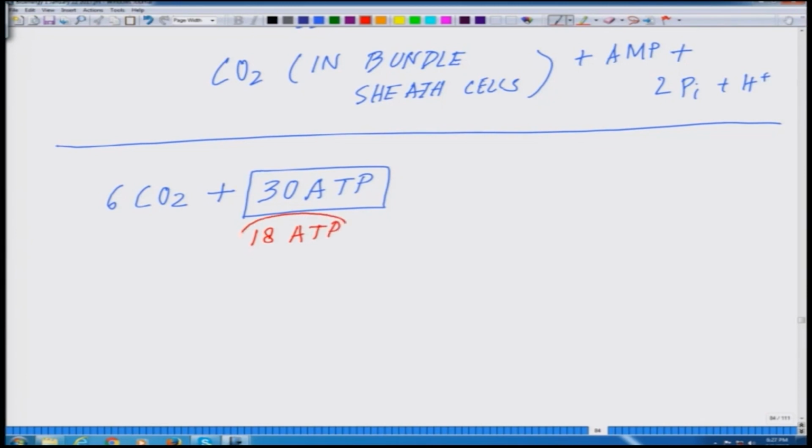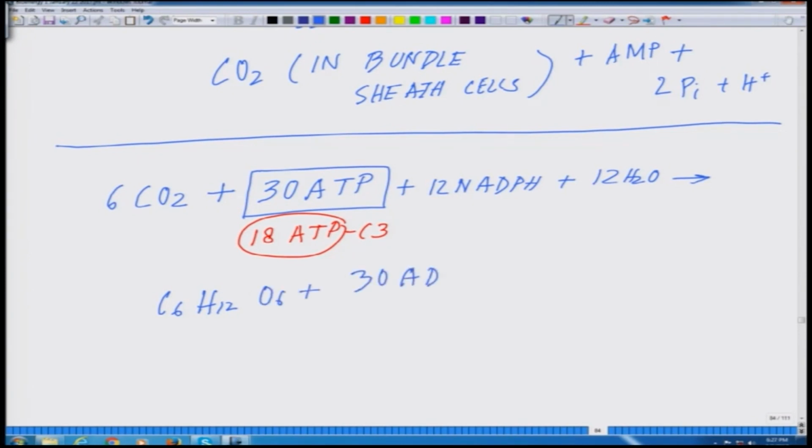So, for C3 you need less energy, whereas here you need more energy. Now, coming back, next 12 NADPH plus 12 H2O giving away C6H12O6 plus 30 ADP, because phosphates are being lost, plus 30 Pi, that is phosphate, 12 NADP plus 18 proton moieties which are coming out of it.